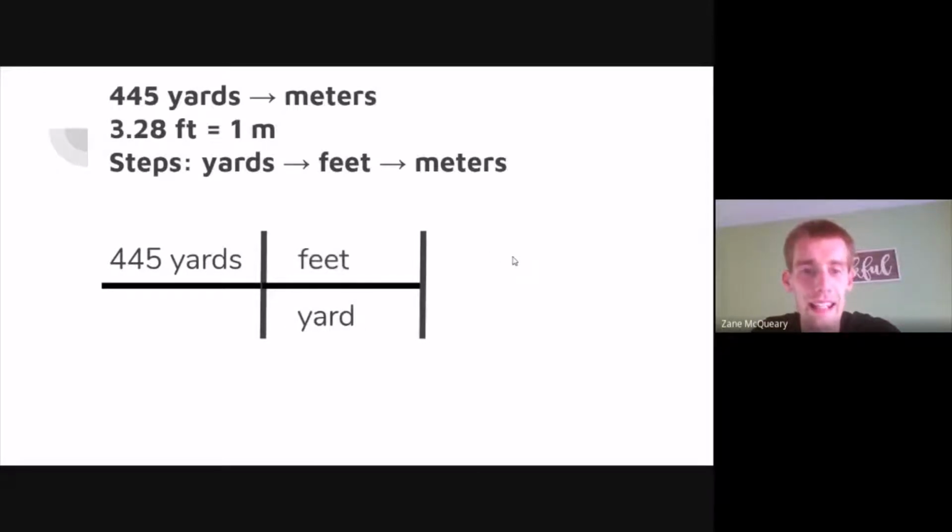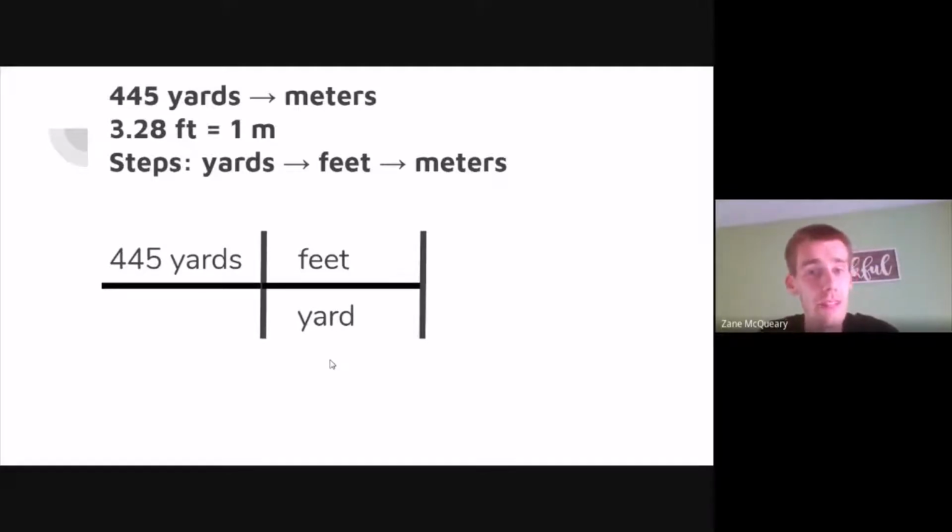If I have something like this, I have yards here and feet in the numerator. Let's change those to y and f, right? If you were to multiply these across, if you're trying to simplify this like you would your mathematical ratios, if we had parentheses instead of brackets and train tracks, then these yards would divide out because a yard divided by yard, or y divided by y in algebra, is just 1.